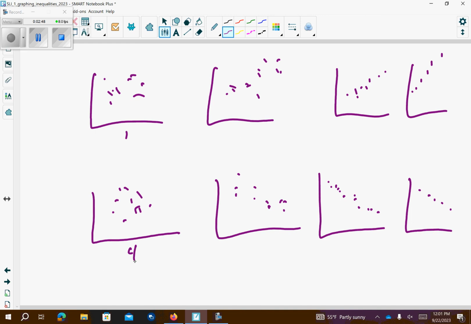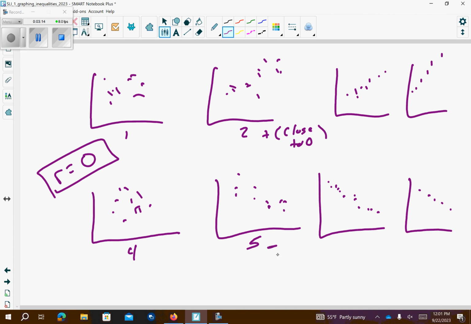there is no correlation, so our R value is really close to 0. We're going to talk about what this R value means later. It just refers to correlation. If we look at graphs 2 and 5, this is going to have a positive R but close to 0.